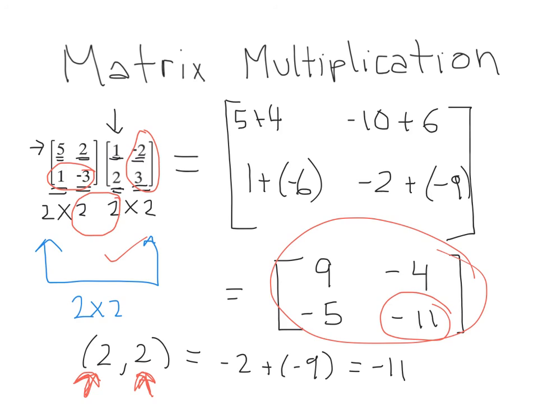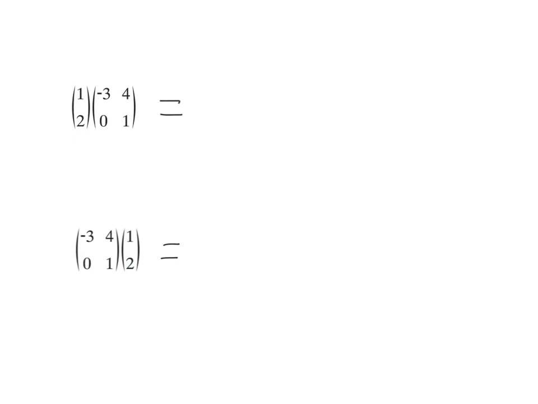Let's look at another example of matrix multiplication, this time with matrices of different dimensions. So in the first one here, we have a matrix that has 2 rows and 1 column, 2 by 1. In the second one, we've got 2 rows and 2 columns. So if I write these out beside each other and line them up, I see that the middle 2 numbers don't match.